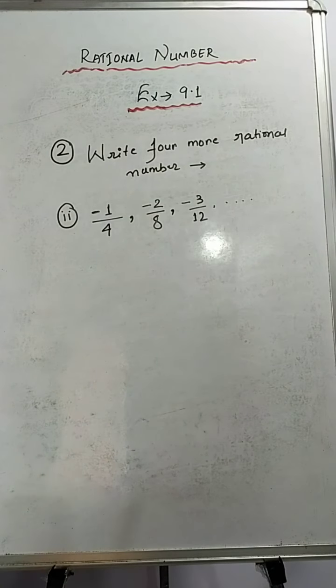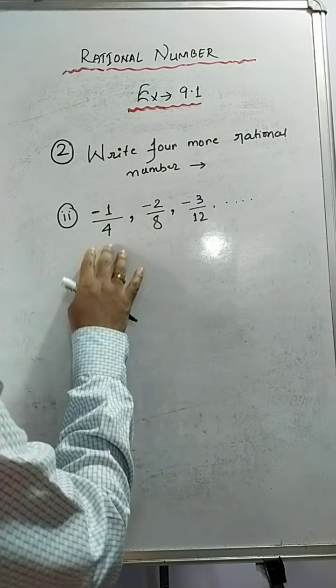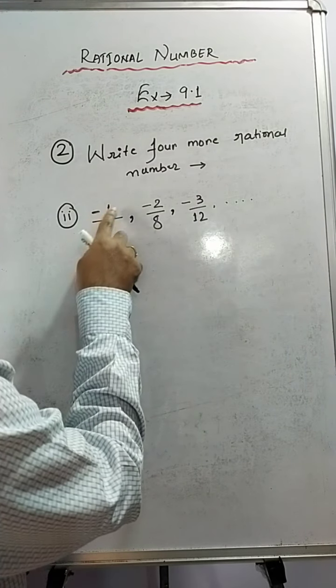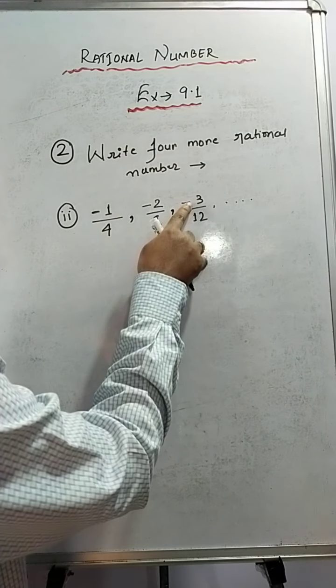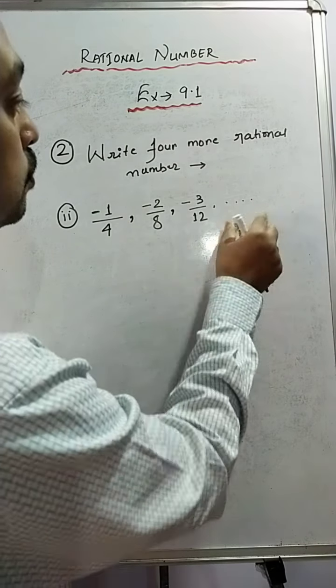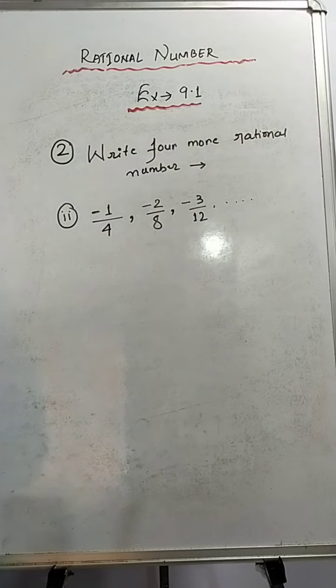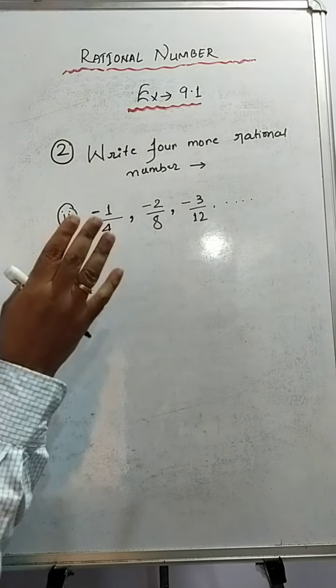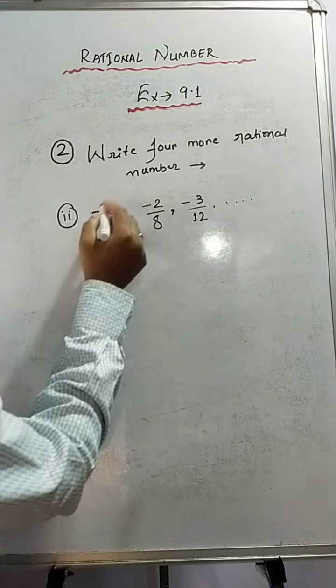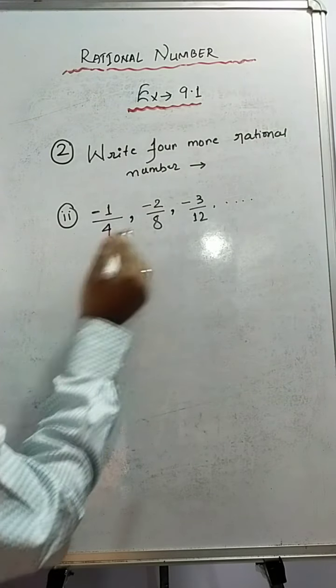The sum number 3 is again what is given: minus 1 by 4, minus 2 by 8, minus 3 by 12, and 4 more rational numbers we have to write. Now first of all we have to understand the sequence again, which is very important. You see the sequence is proceeding like this.